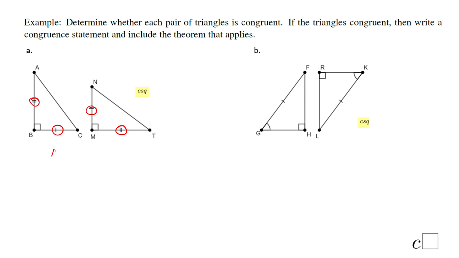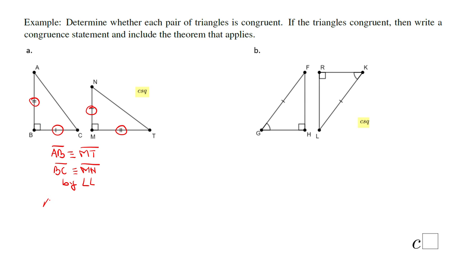So I can write segment AB congruent with segment MT, and BC congruent with MN. So these are the 2 legs. Then by what? By the leg-leg congruence criteria, because we're talking about two right triangles.